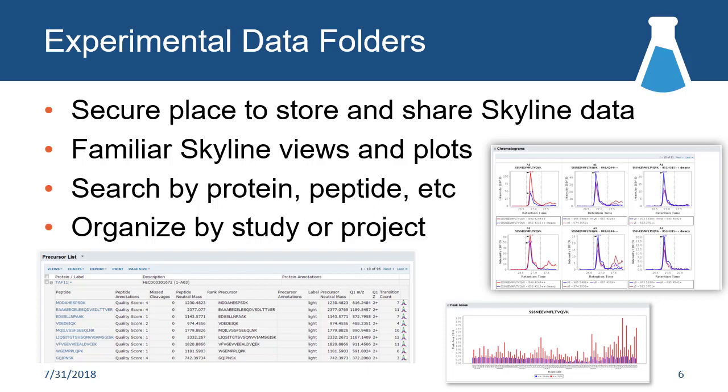We can also organize our data into different projects or folders, so that for a particular grant that you're working on, maybe you have a separate folder per person in the lab within that, or based on the organism that you're studying. There are a bunch of different ways you can slice and dice that data, to have it organized in the first place, but still be able to query across everything that you've done across those different studies.